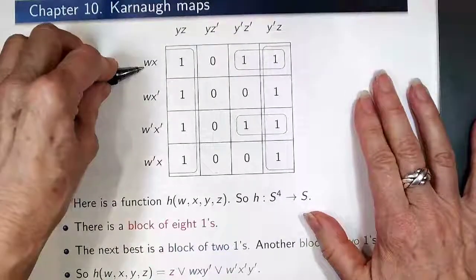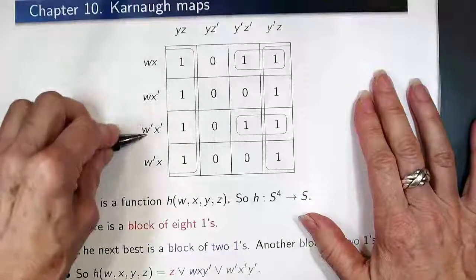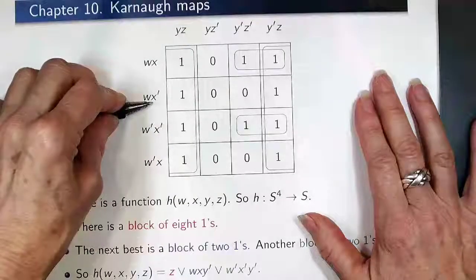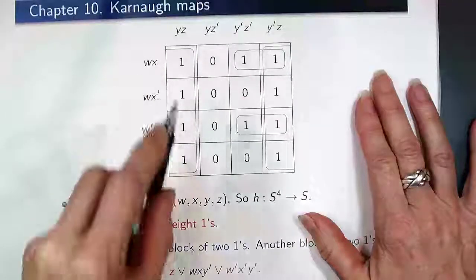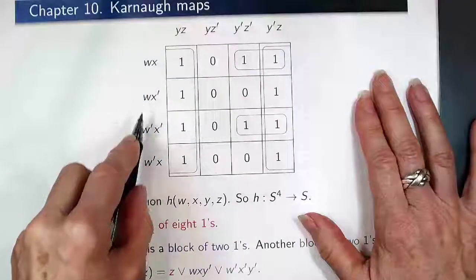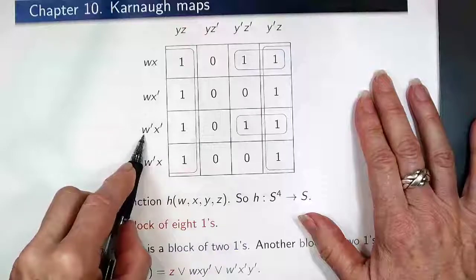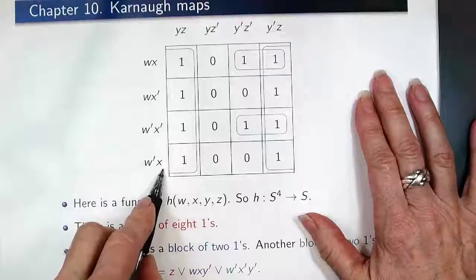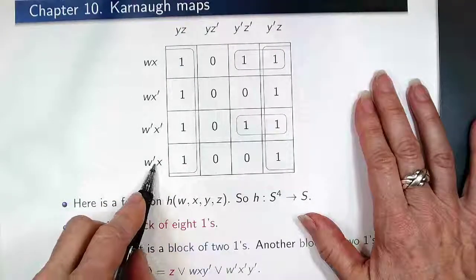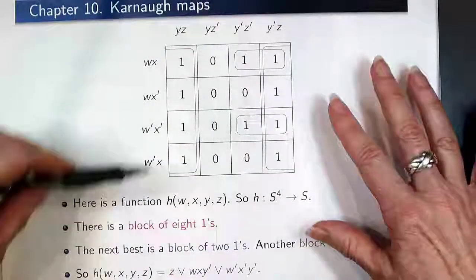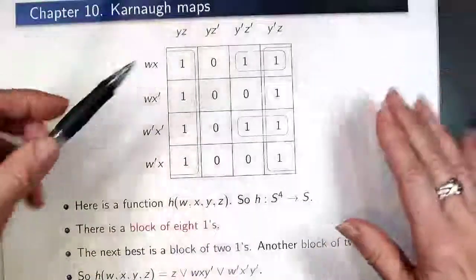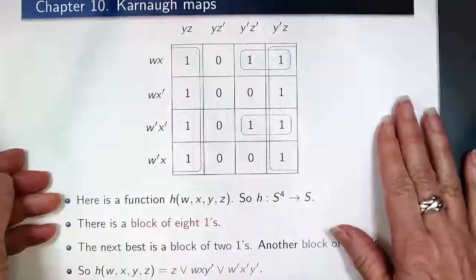You can start with whatever you want, and as you move down, you change one thing. We've changed x to x dash to go from here to here. To go to the next one, we changed w to w dash. To go to the next one, we changed x dash to x. And it wraps around. To go from here to here, we change w dash to w. It wraps around both ways.